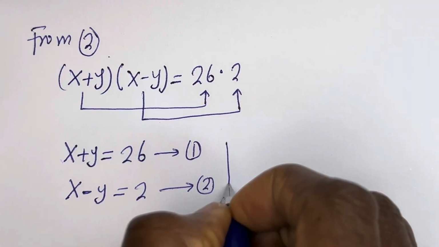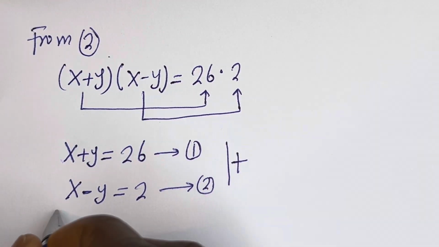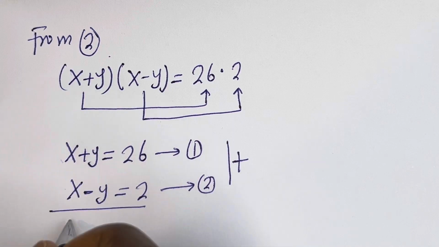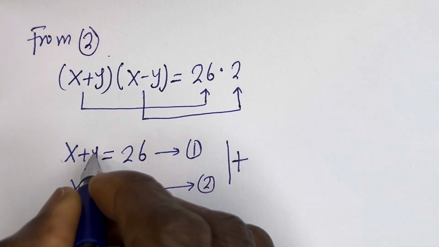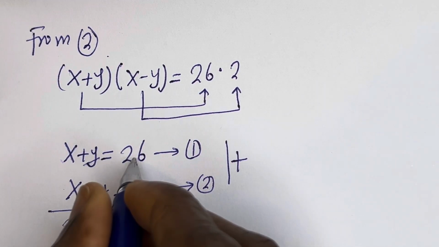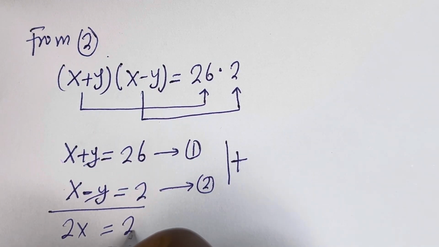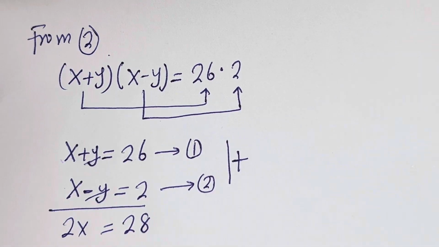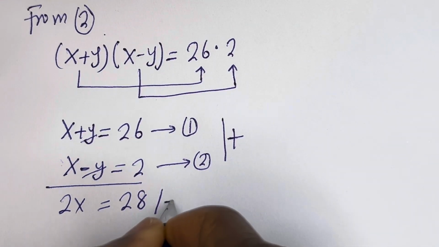Let's solve the two equations together using the elimination method. x plus x, this is 2x. Then plus y minus y, this will cancel this, is equal to 26 plus 2, that is 28. Now let's divide both sides by 2.